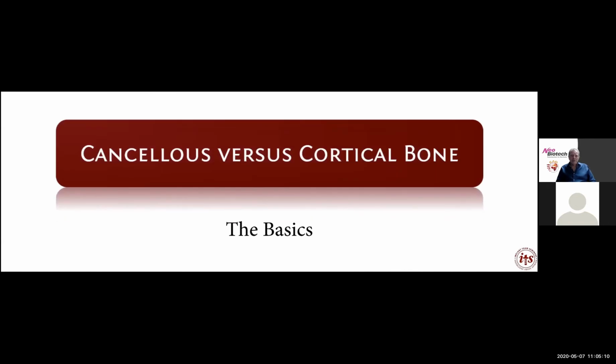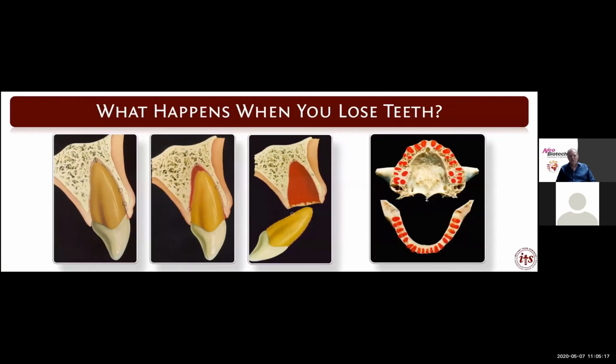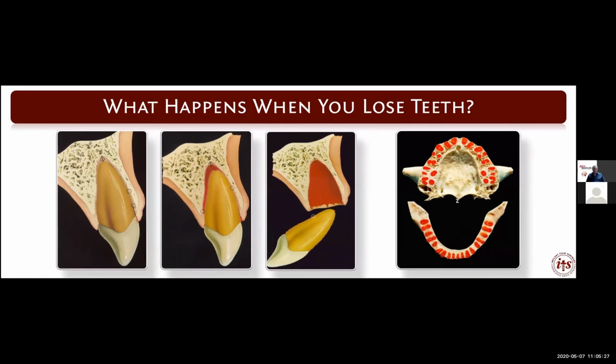Important, cancellous bone versus cortical bone. When teeth are extracted, there is an immediate reaction of osteoclasts and other inflammatory cells that influence healing, as well as the potential of loss of alveolar bone.